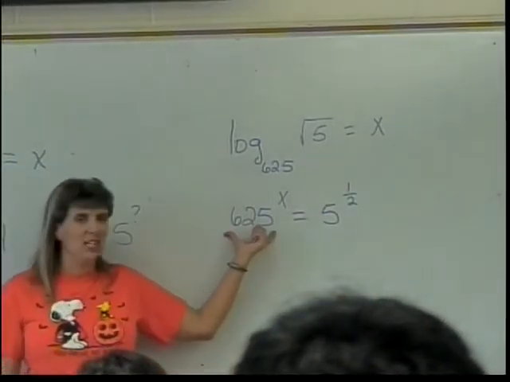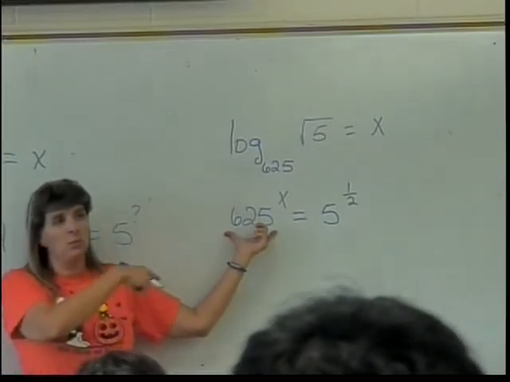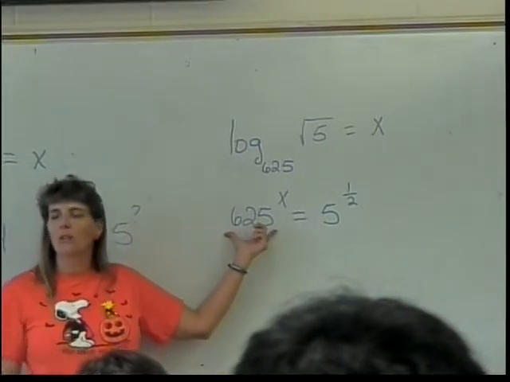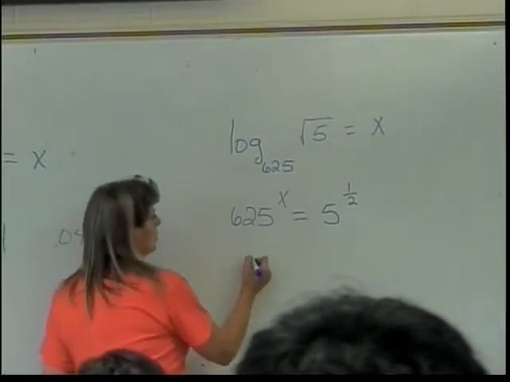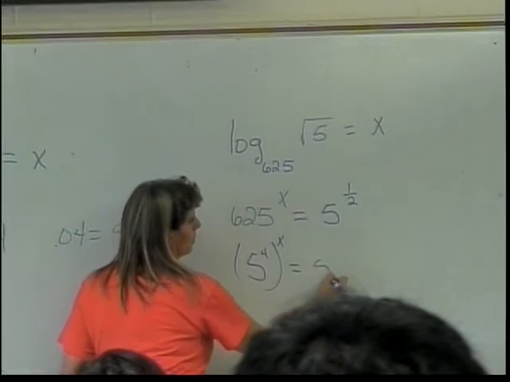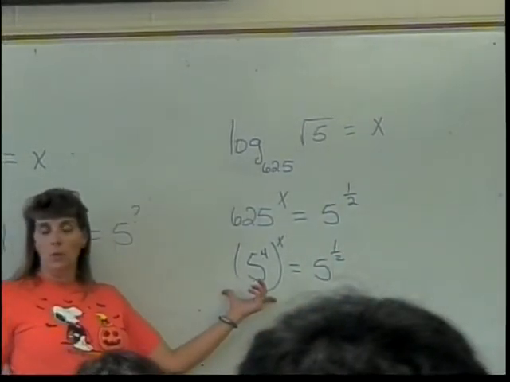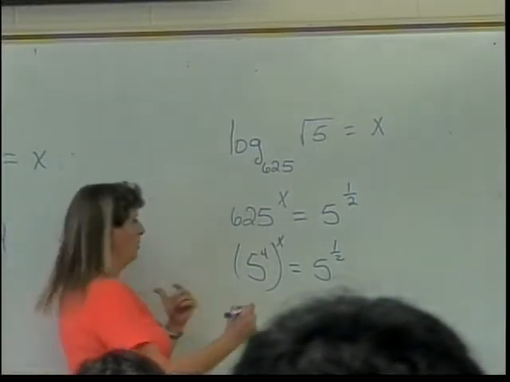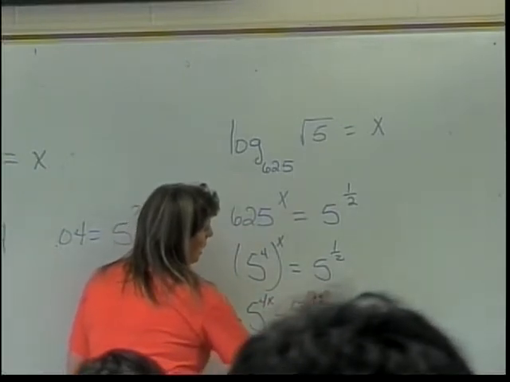Can I write this as 5 to something? Hopefully you're looking at me going, because I said this is one that you probably ought to know and recognize at least as being 5 to a power. 625 is 5 to what power? I think it's 5 to the 4th. So this should be 5 to the 4th power raised to the x is equal to 5 to the 1/2. When I raise a power to a power, what do I do to the exponents? Multiply them. So this is 5 to the 4x is equal to 5 to the 1/2.